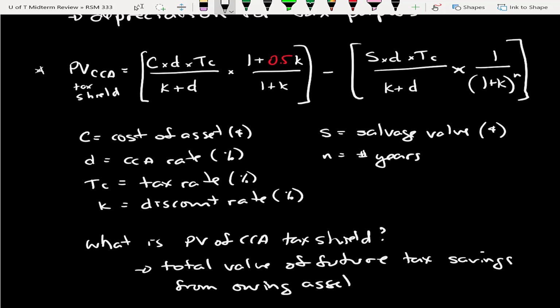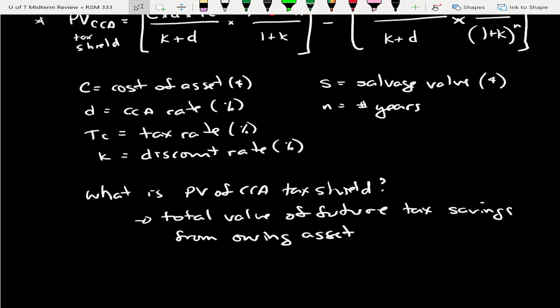And the reason you get some tax savings is because the government's going to allow you to write off the depreciation for tax purposes. So your taxes will go down. The amount is different every year. And the other thing you're going to be doing is it's going to be discounted for time value of money.